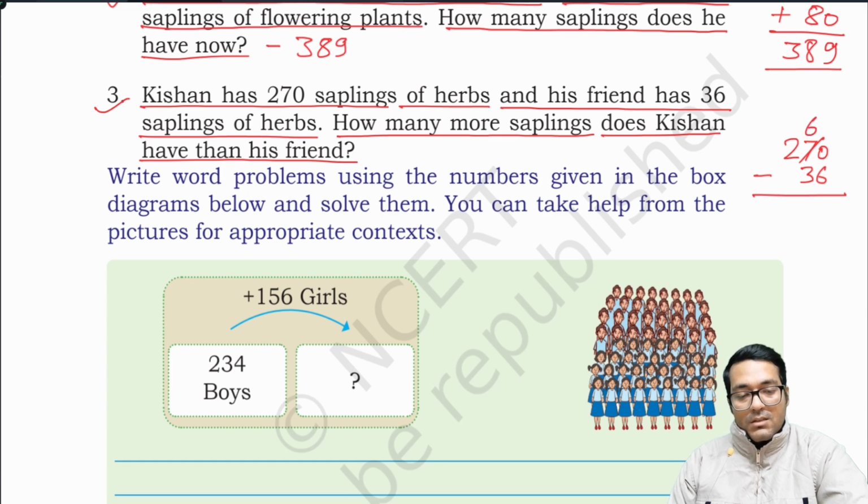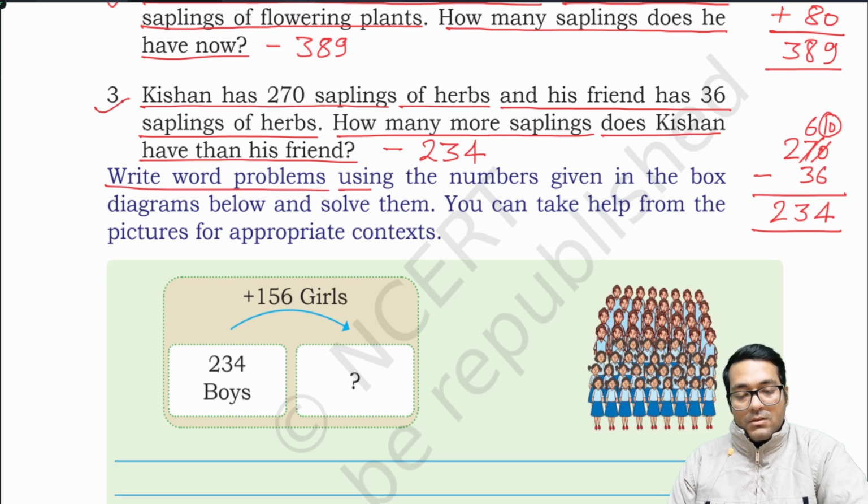It becomes 6 tens and 0 becomes 10. 10 minus 6 is equal to 4. 6 minus 3 is equal to 3 and 2 remains there. The answer is 234.